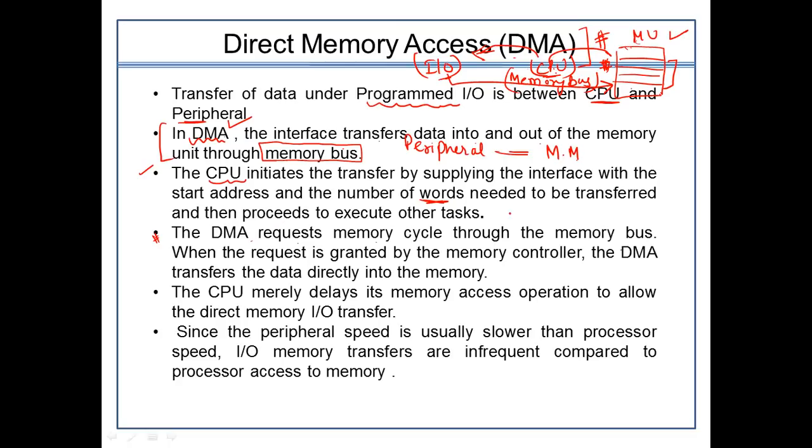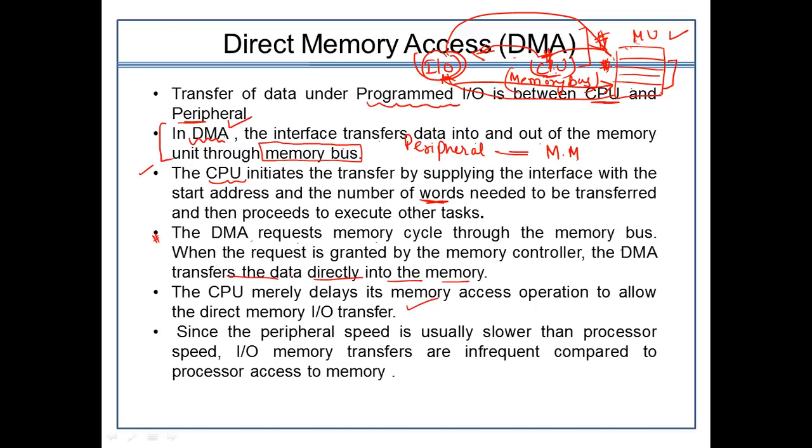Only when the request is granted will the DMA start directly transferring the data to the memory. Whenever the IO wants direct access to the main memory, the CPU merely delays its memory access operation to allow the direct memory access.